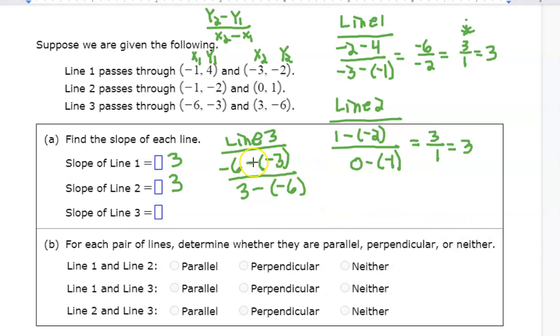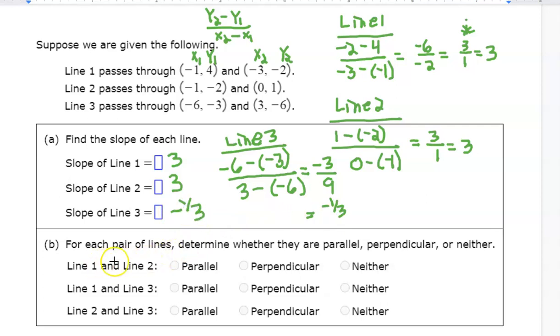Okay, negative 6 minus negative 3 is going to be negative 3. 3 minus negative 6 is going to be a positive 9. So I have negative 3 over 9 simplifies down to negative 1 over 3.